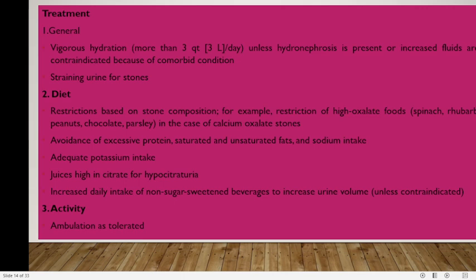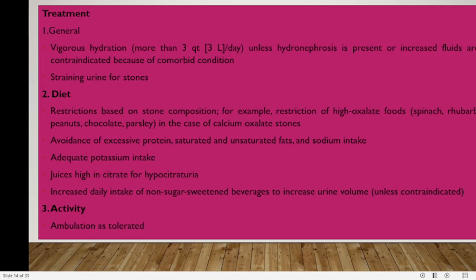We need adequate potassium intake. We need juices high in citrate for hypocitraturia. Then you have increased daily intake of non-sugar sweetened beverages to increase urine volume, unless it is contraindicated.